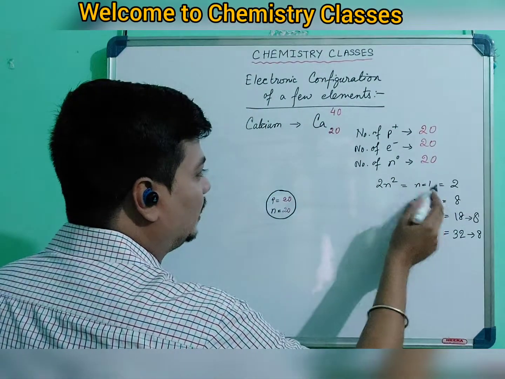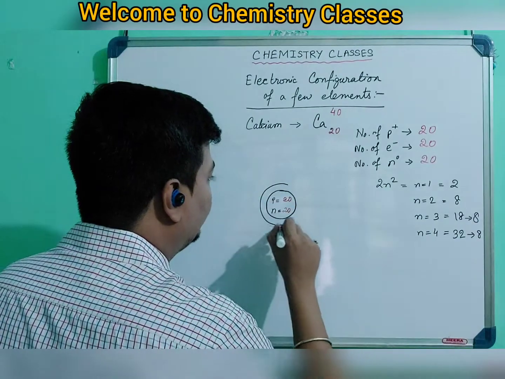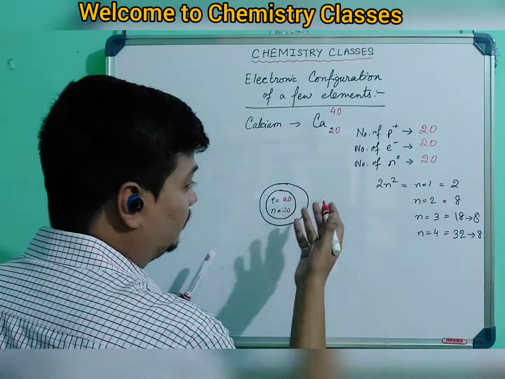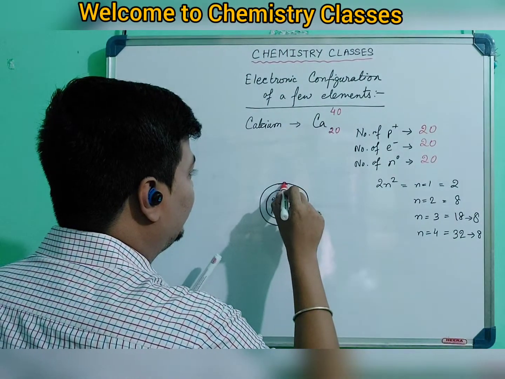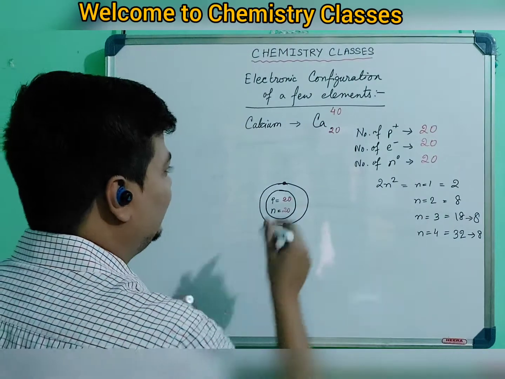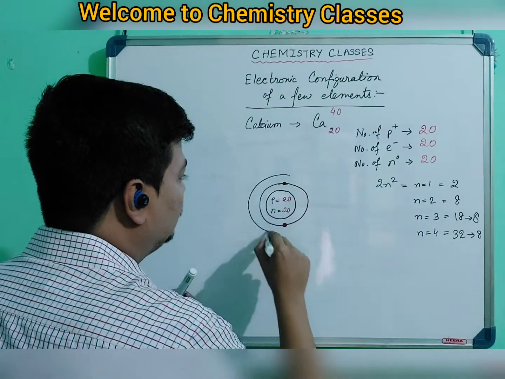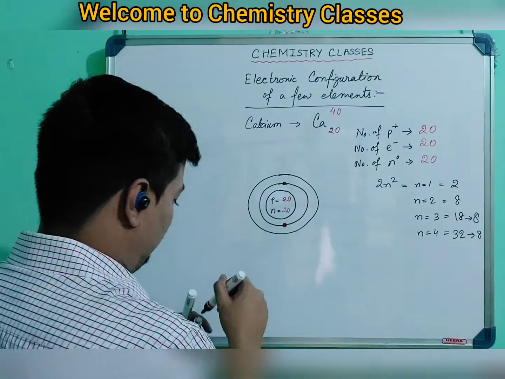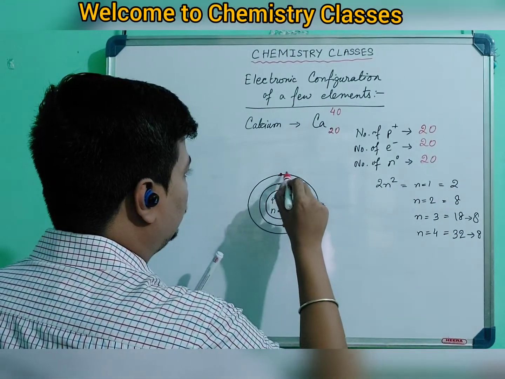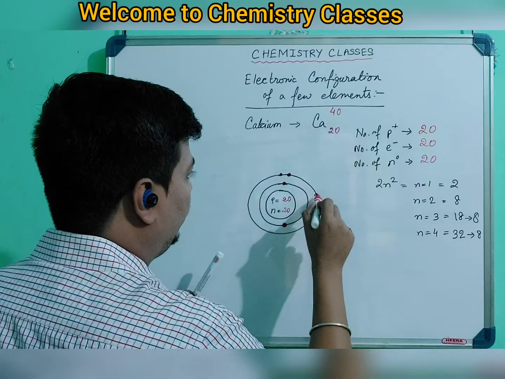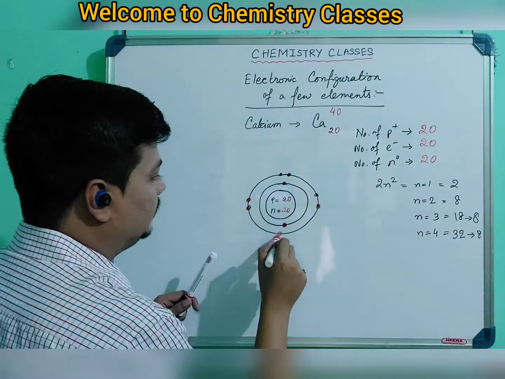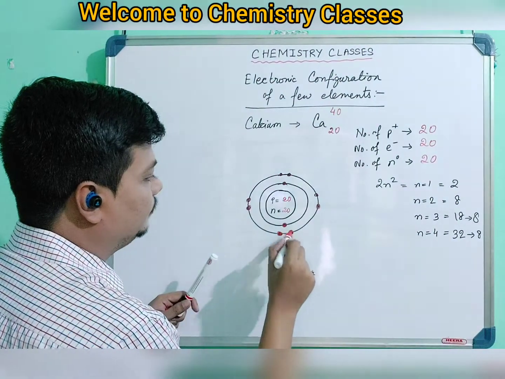For the K shell, that is number 1, I will accommodate 2 electrons. My circle is not a perfect circle though, but still you can manage it. The second one, how much? 8 electrons. So 1, 2, 3, 4, 5, 6, 7, 8.